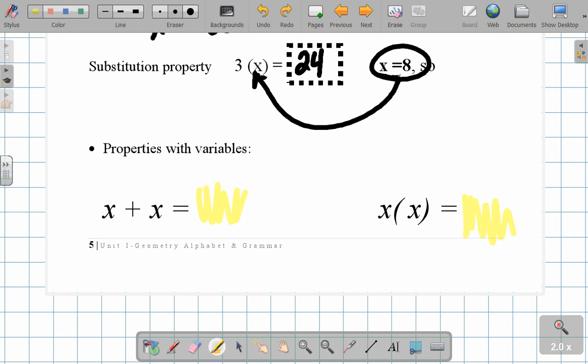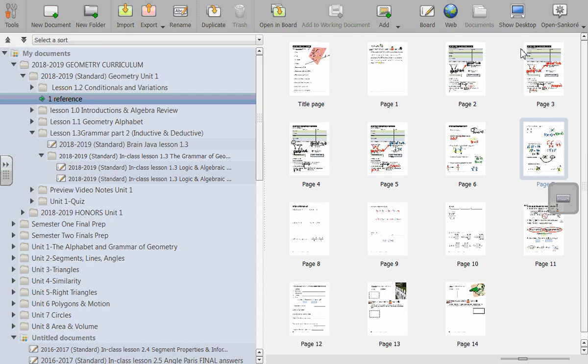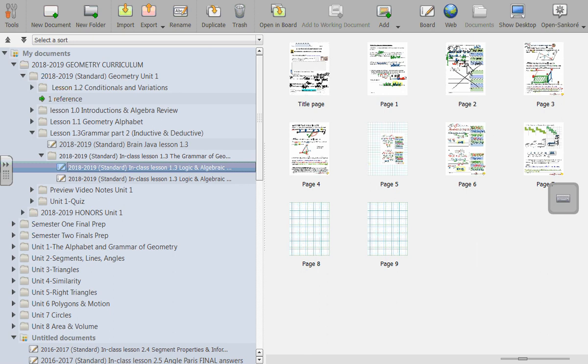Fill it out. Okay, leave that where you can see it. Go back to today's lesson and go to page 3, please.